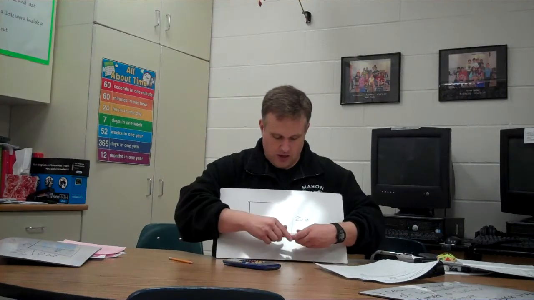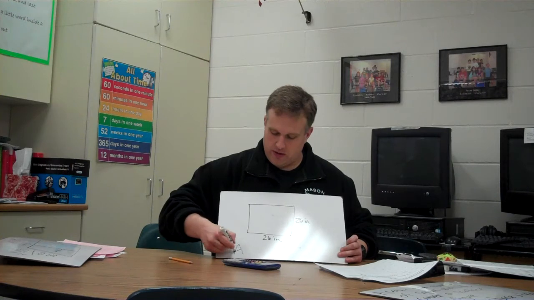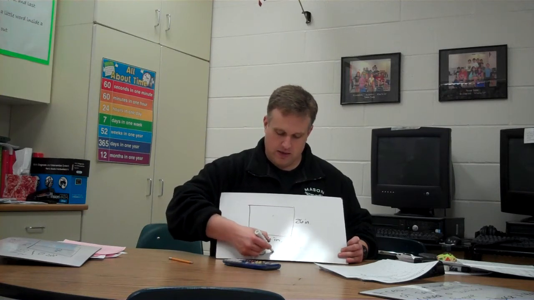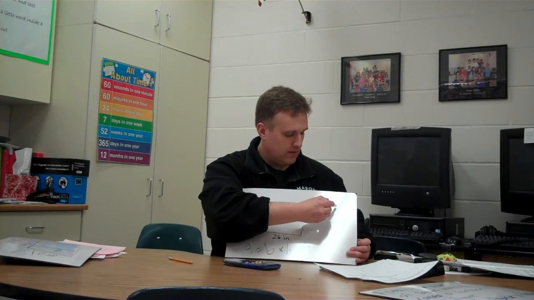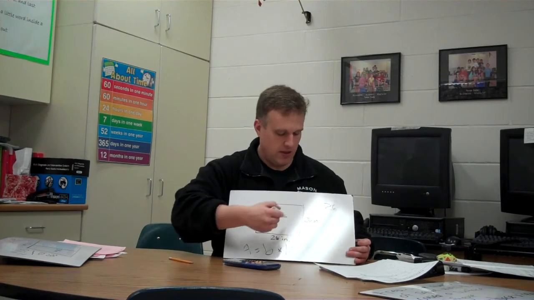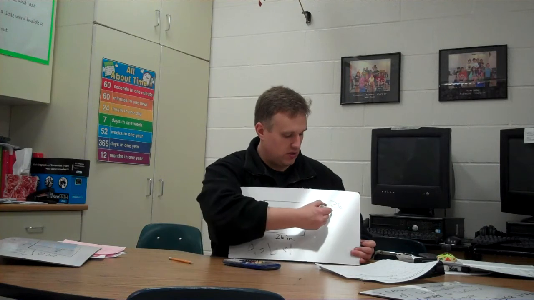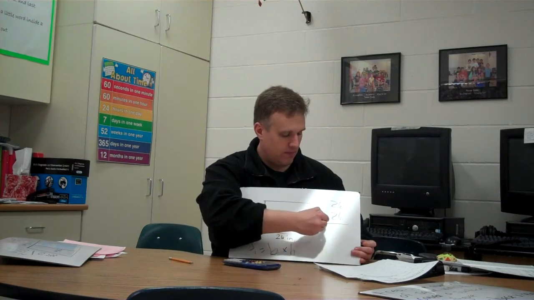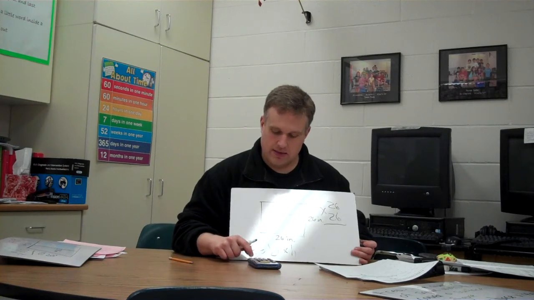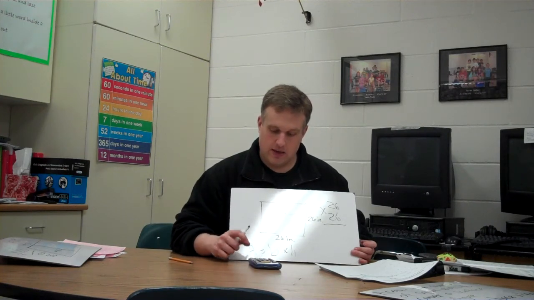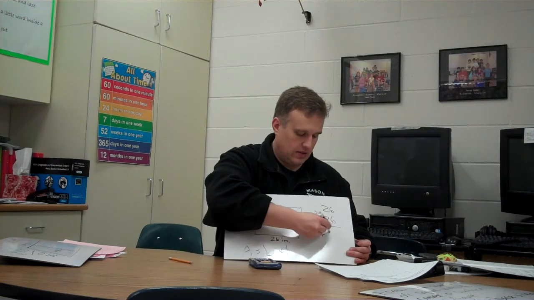Let's look at number 2, or the second problem. Again, we know area equals base times the height. Okay, my base is 26 inches. My height is 26 inches. This is a square, so it's going to be the same. And again, I'm going to use my calculator. 26 times 26 equals 676.